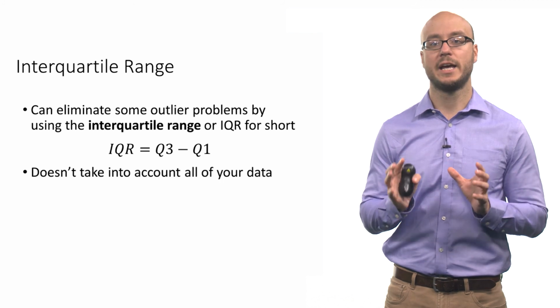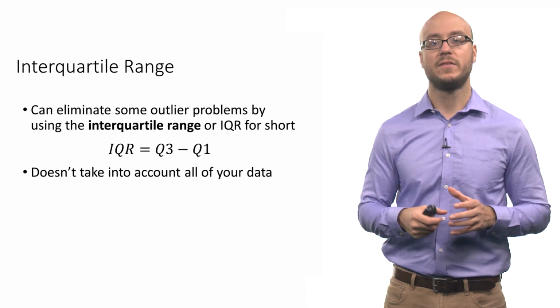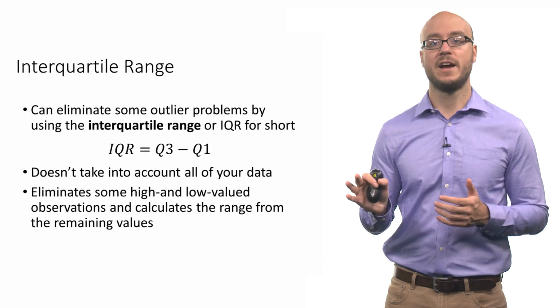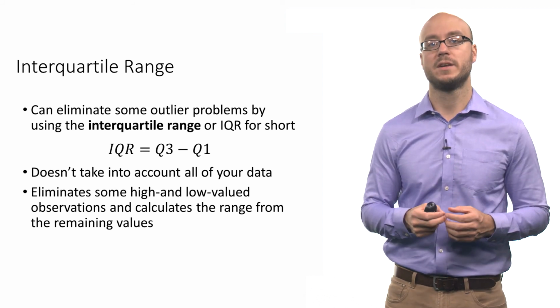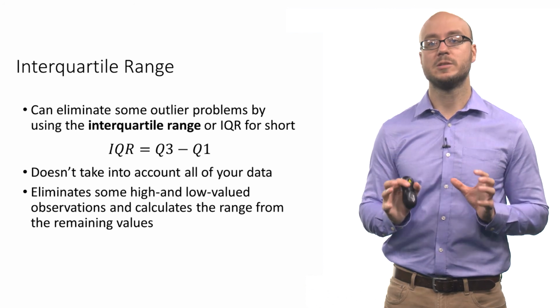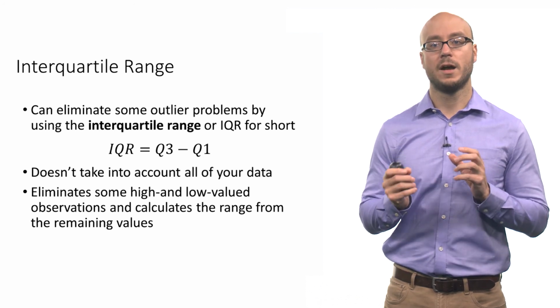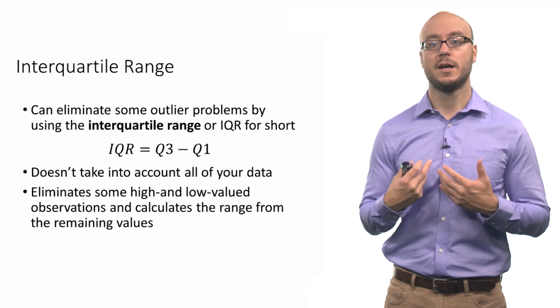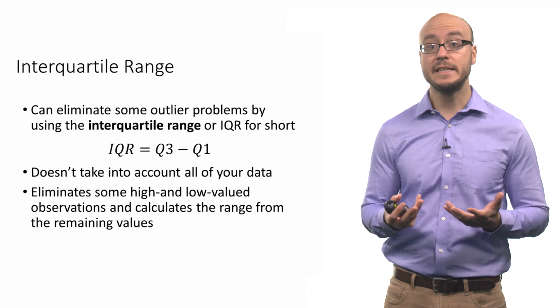You're basically looking at the range of the middle 50% of the data. By ignoring the top 25% and the bottom 25% of the data, you are eliminating many extreme or outlying values that might make the range a misleading measure of variation.